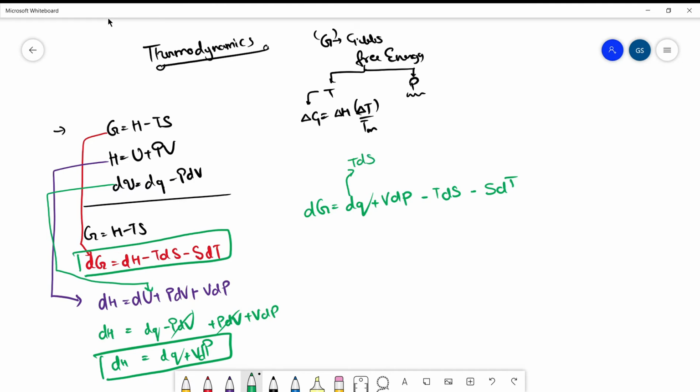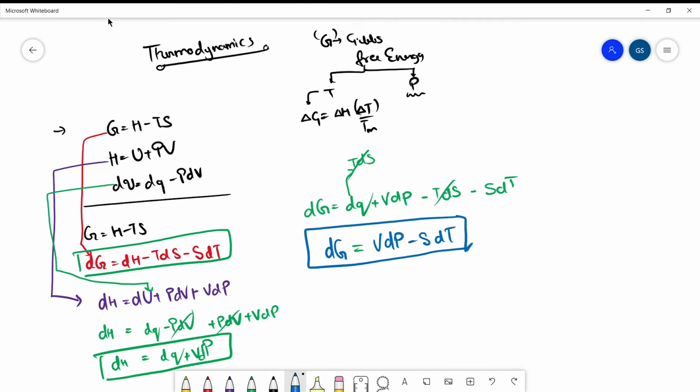We know this equation already from when we studied entropy. So this will get cancelled out, and what we finally get is dG equals VdP minus SdT. This is one more fundamental equation that we should remember. The equations that we should remember are these three and this one.